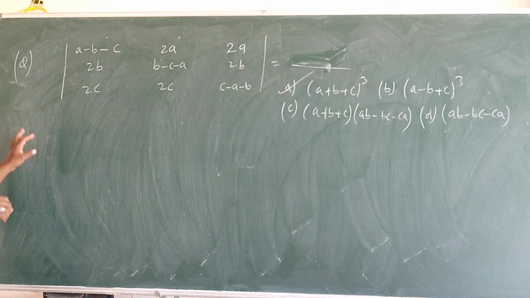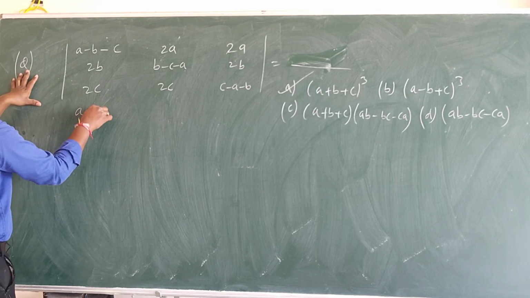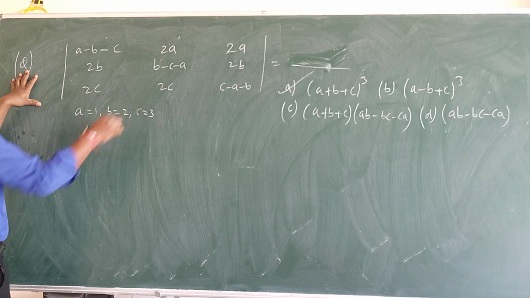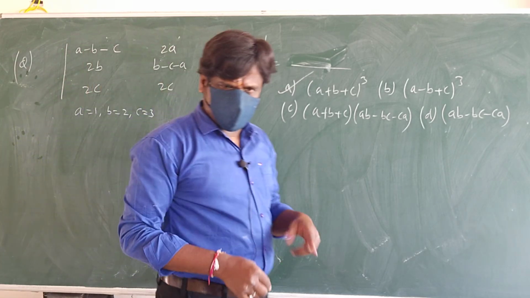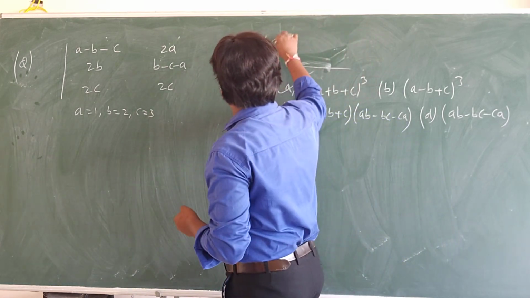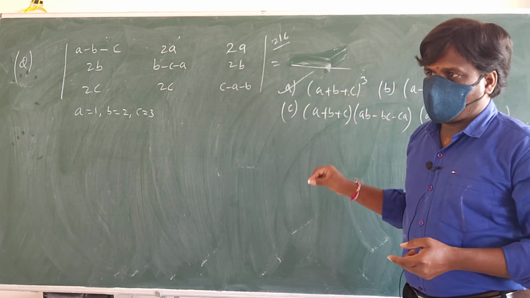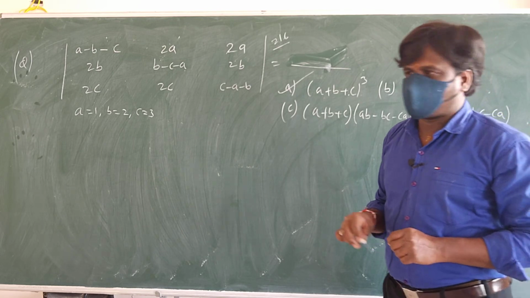When you are preparing for boards, don't use the shortcut. Substitute A is 1, B is 2, C is 3 and find the determinant. How much you get? 216. If you got 216, check which option gives 216: 1 plus 2 plus 3 is 6, and 6 cube is 216.